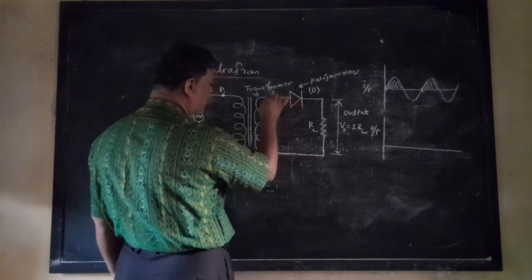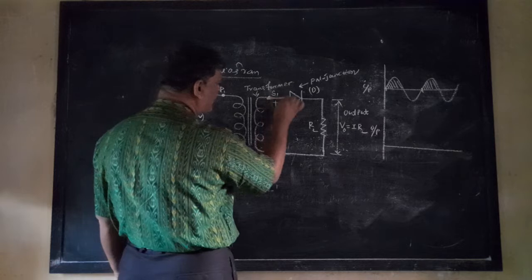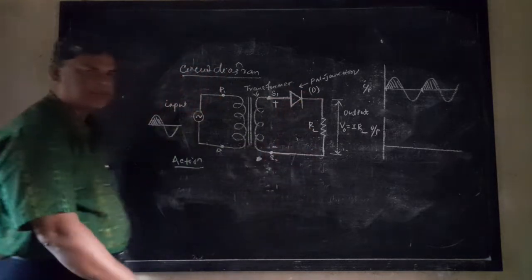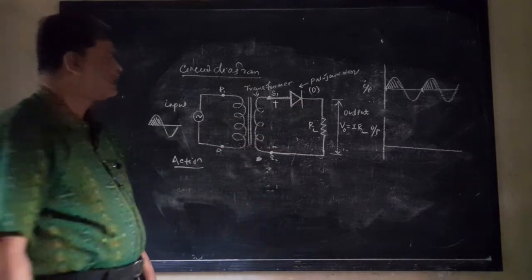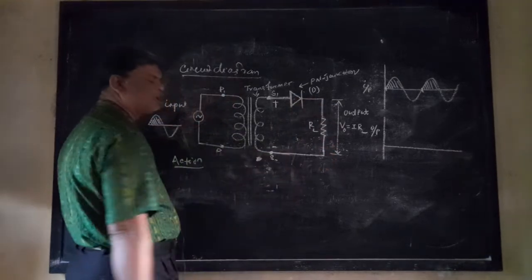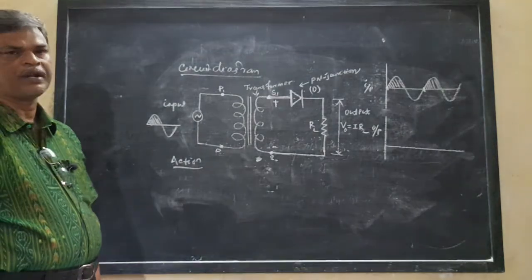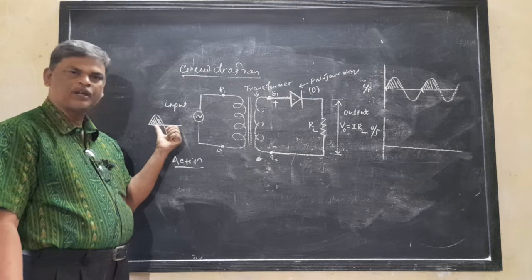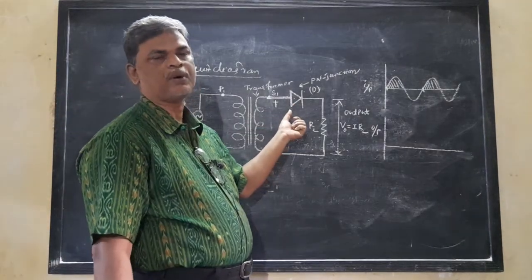S1 is positive with respect to S2. This is the PN junction: the triangle is the p type semiconductor and the bar is the n type semiconductor. So p is connected to positive and n is connected to negative. That means the junction diode, the PN junction, is forward biased. So for the positive half cycle of AC, the PN junction acts as forward bias.